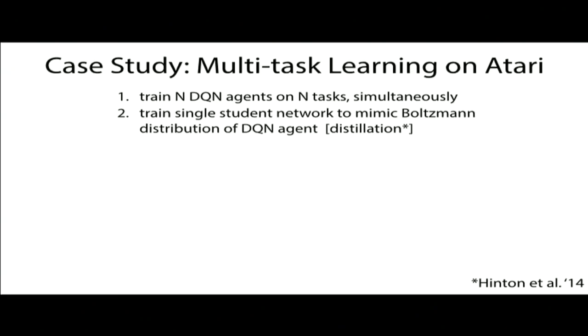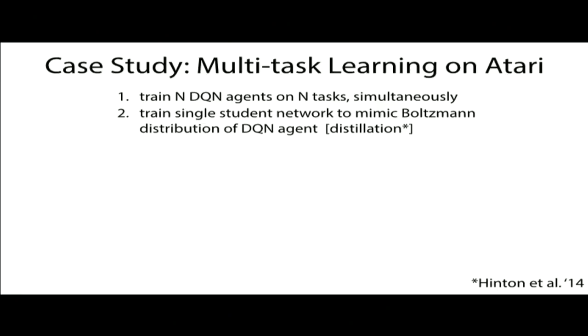And during training, they train a single student network to mimic the Boltzmann distribution of the DQN agent. So essentially they train n agents on n tasks, and during training, at a single time point, they distill the knowledge of those n networks into a single student network that can hopefully play all of the tasks.